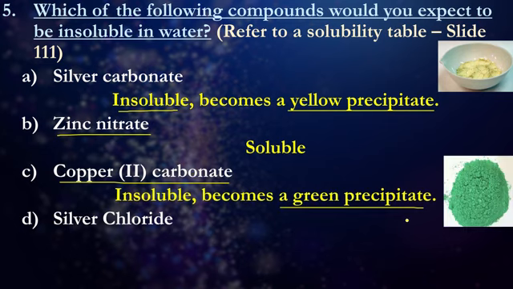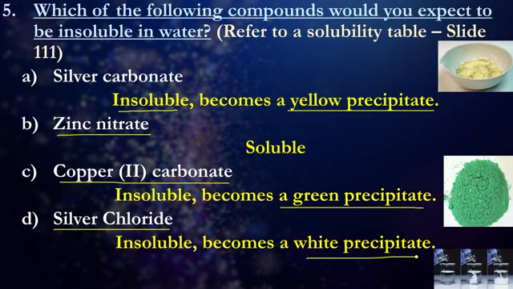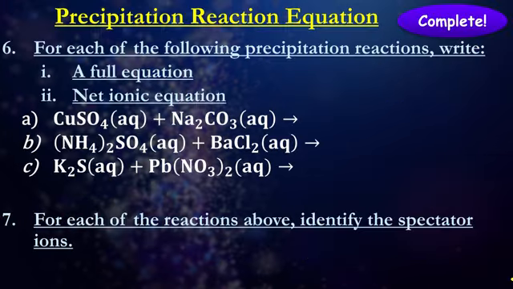Doesn't look great, but that's what it is. And then we have silver chloride. If you remember, we said silver chloride forms a white precipitate, and so there you have our images over here.